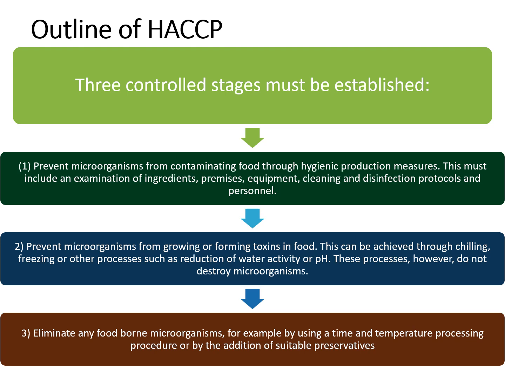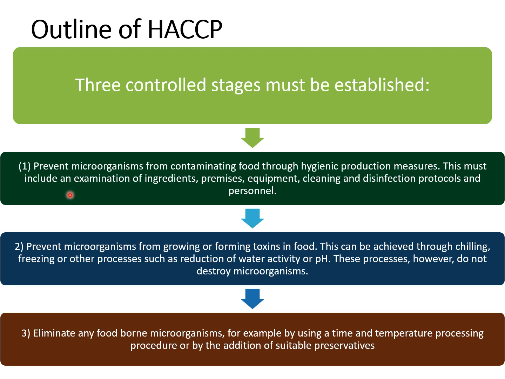Outlines of HACCP. Three control stages must be established when you are saying that you are implementing HACCP. First is preventing the microorganisms from contaminating the food by practicing hygienic production methods or hygienic production measures.